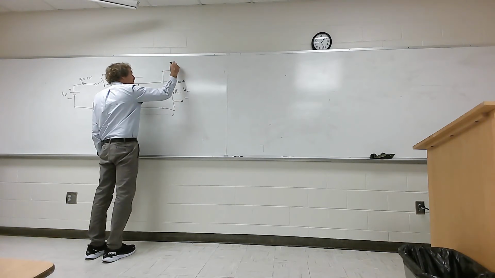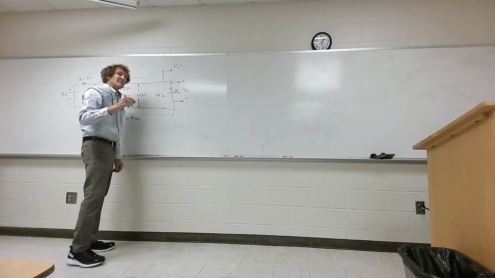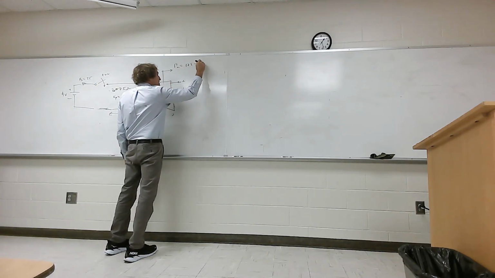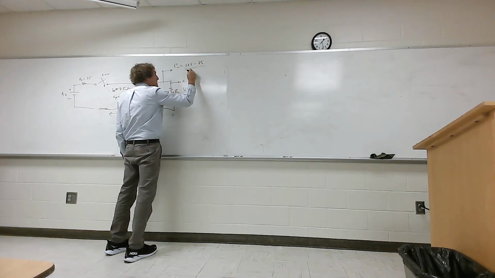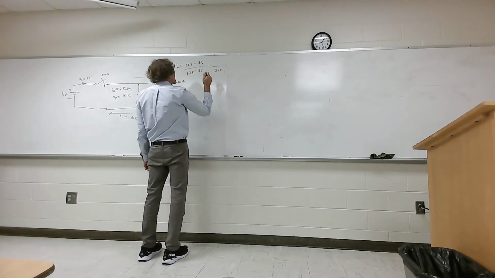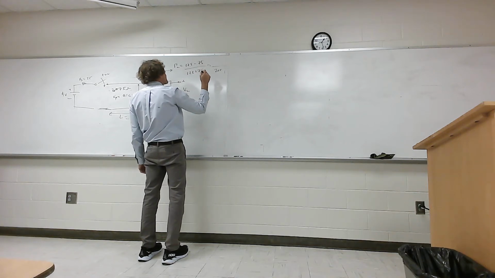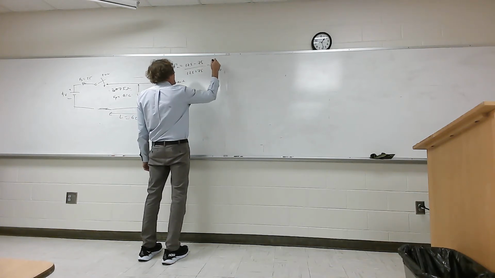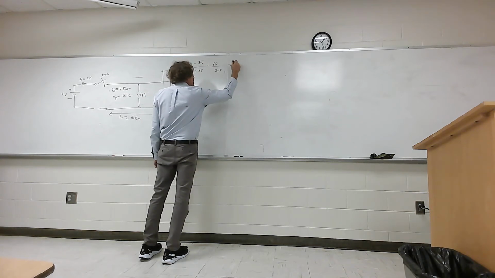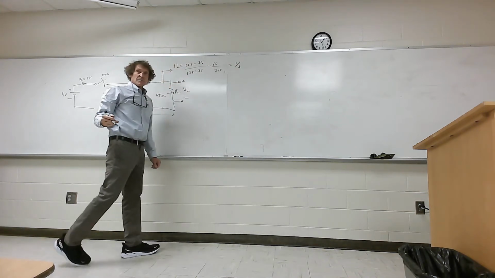The reflection coefficient at the load right here is going to be what? 125 minus 75 over 125 plus 75, right? So that's 50 over 200, or 1/4. Agree with that? Everybody?